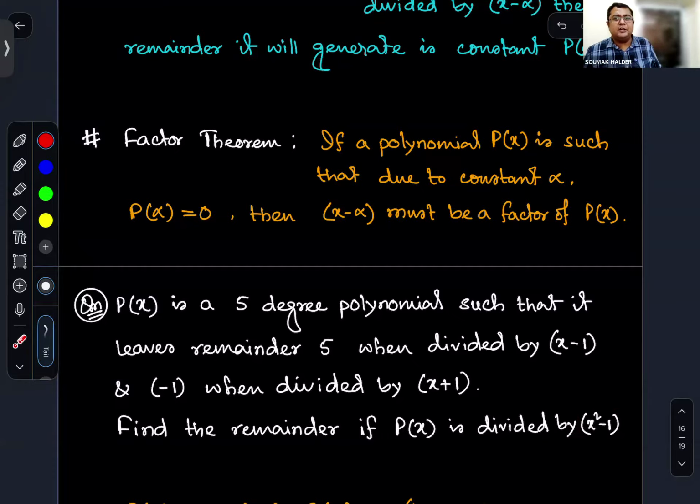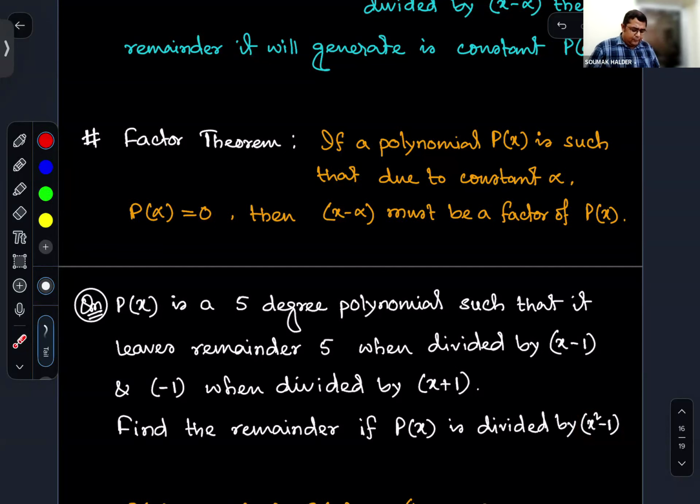X plus 1 and x minus 1, the earlier two divisors been multiplied together to create the new divisor. But degree of this new divisor is 2. একটা 2 degree divisor কোন কোন ডিগ্রি রিমাইন্ডার দিতে পারে? 1 degree দিতে পারে অথবা 0 degree দিতে পারে. So highest degree feasible is 1 degree.